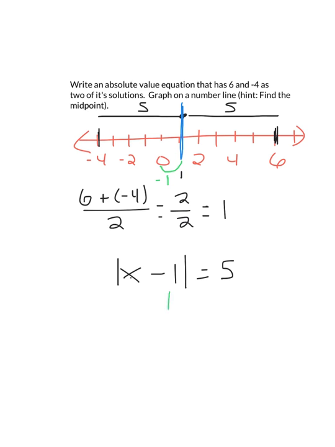Again, this number right here is the shift to 0. This number here is distance from 0.